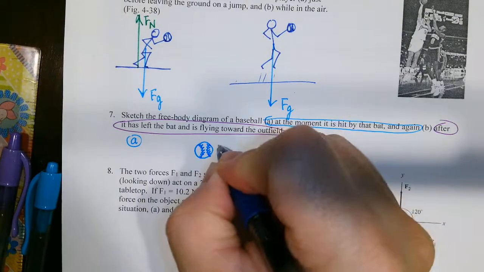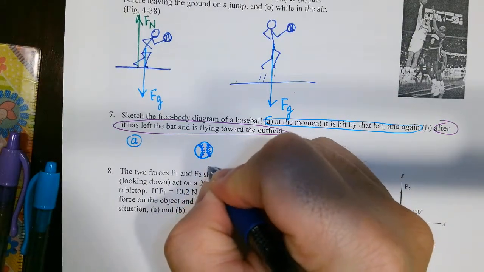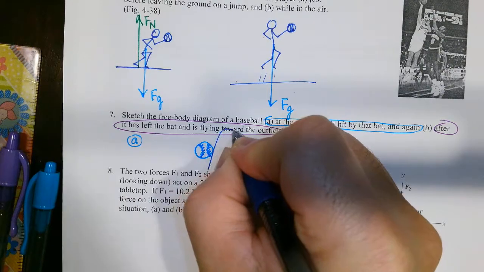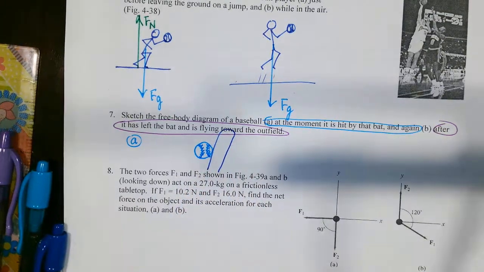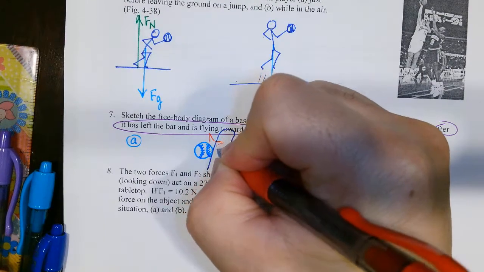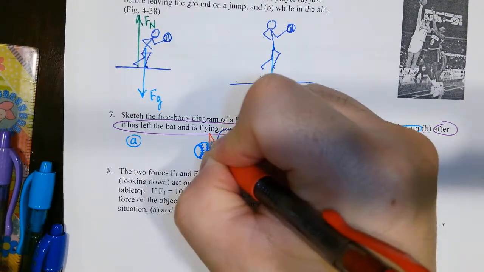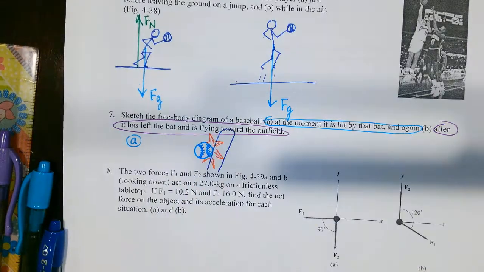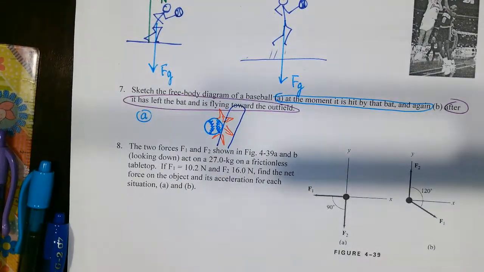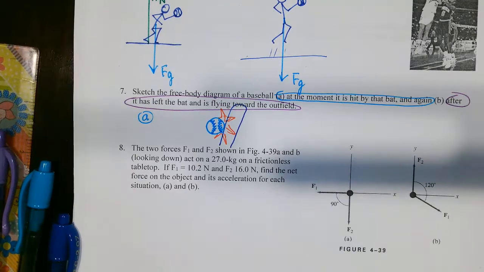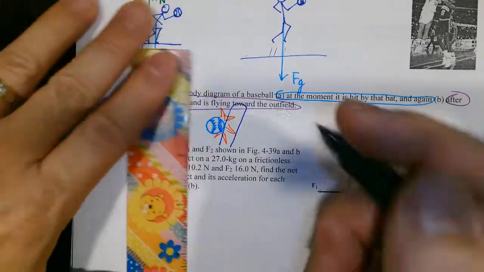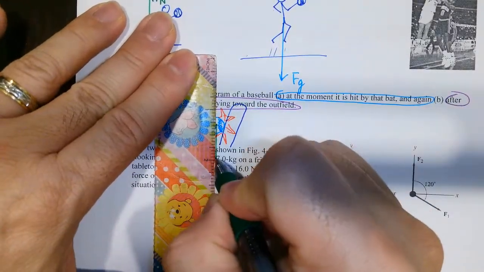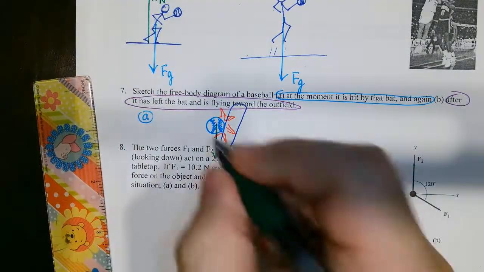You can think of the bat like here, and the bat hits the baseball. Well, the obvious force is always going to be Fg. Fg will always act straight down.